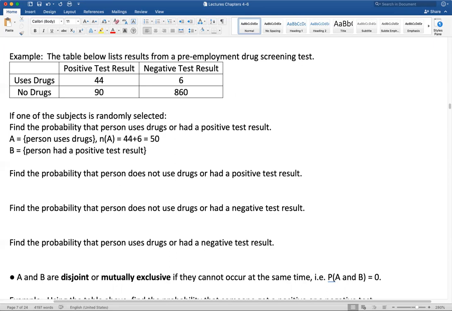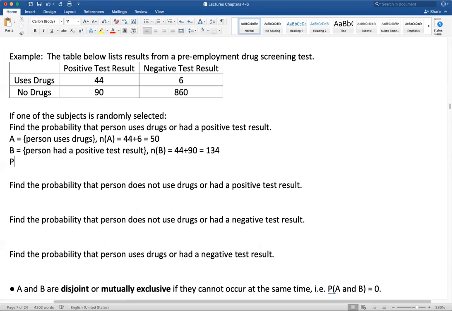Then what's the number of outcomes in event B? How many persons had a positive test result? 44 plus 90, which is 134, right?